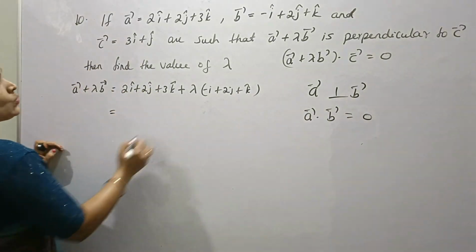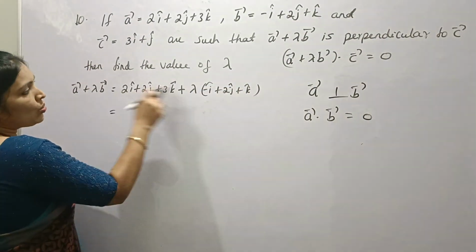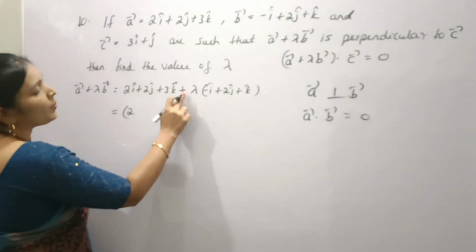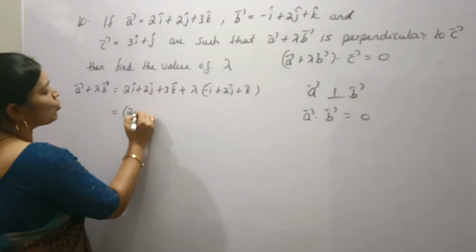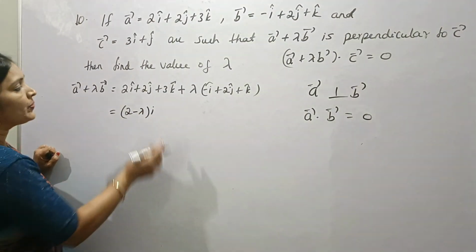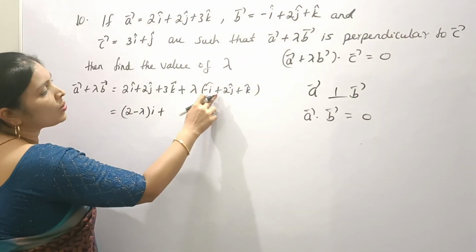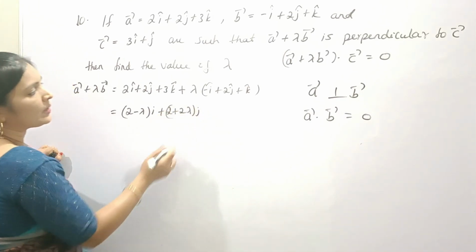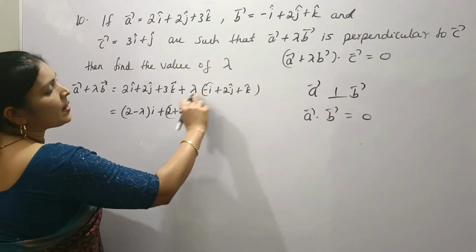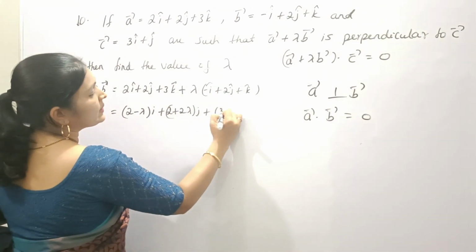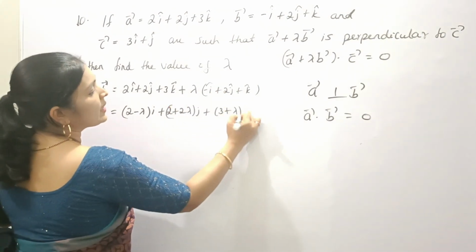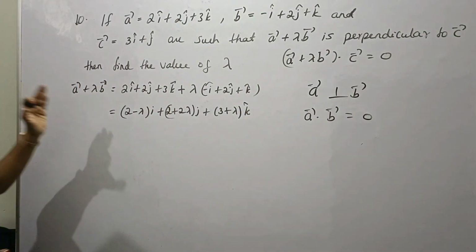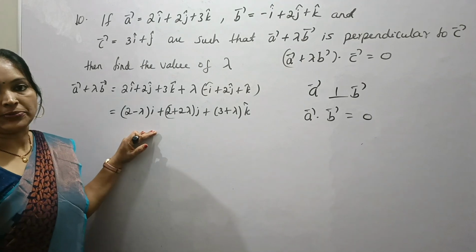That is equal to, adding these vectors, 2 minus lambda i, plus 2 plus 2 lambda j, next 3 plus lambda k. Now we have got vector A plus lambda vector B equal to this vector.